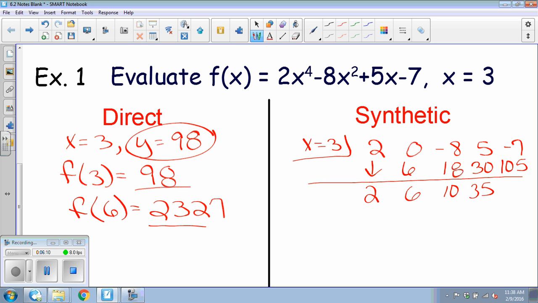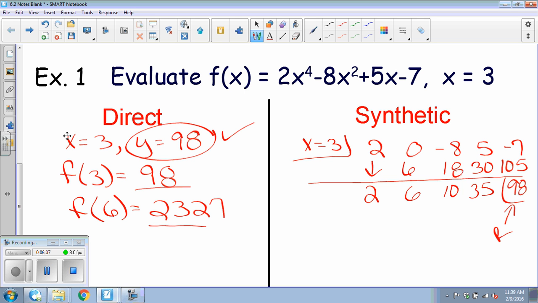And when we combine, we get 98. That's our remainder. And that's also our answer. So you can use synthetic division if you don't have the calculator to evaluate any polynomial at a certain point. Everybody understand?